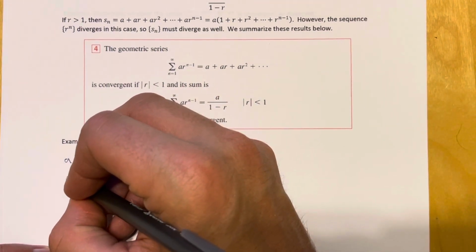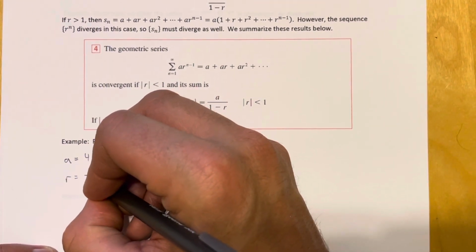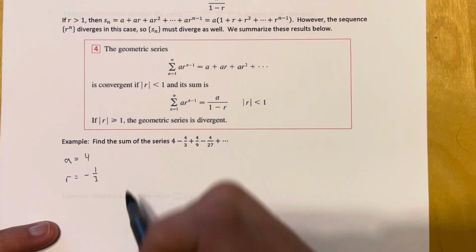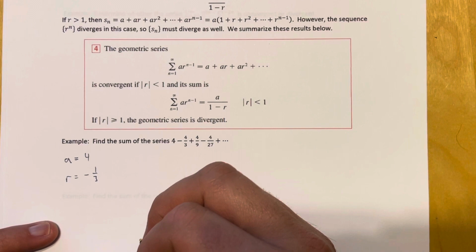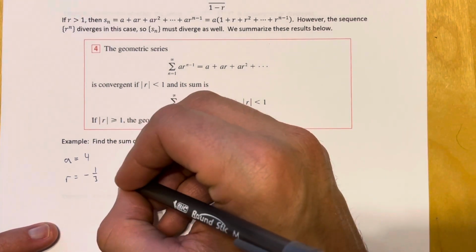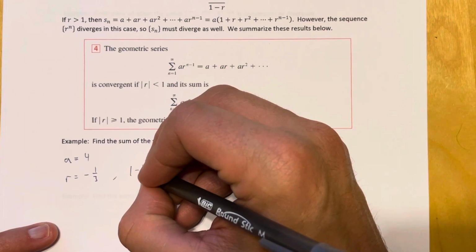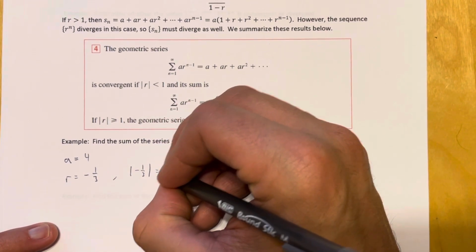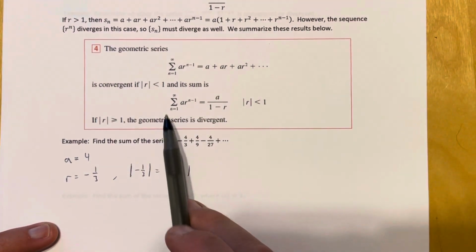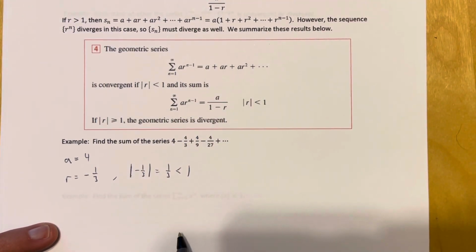And the common ratio that we just figured out is -1/3. That value is, in absolute value, less than 1. So the absolute value of -1/3 is just 1/3, and that's less than 1, which means that this series converges.